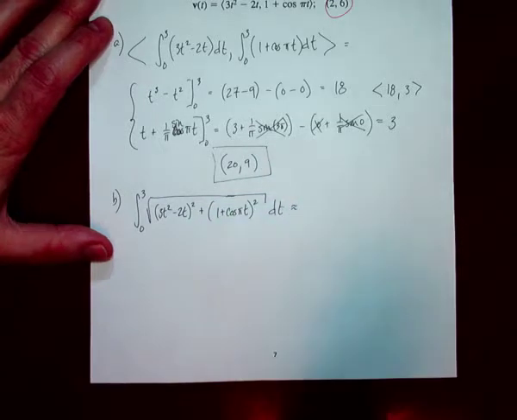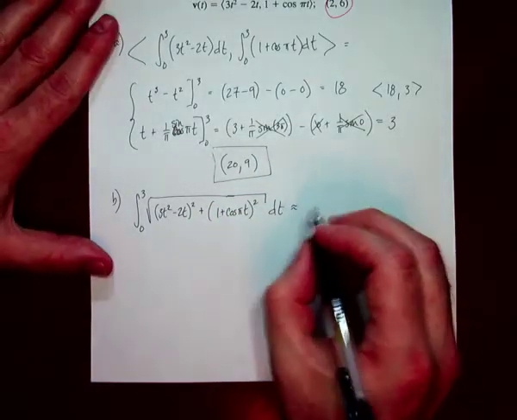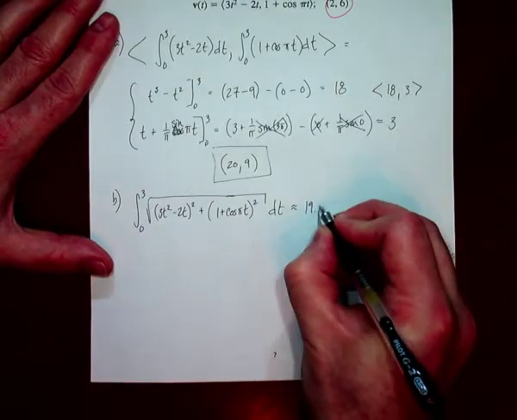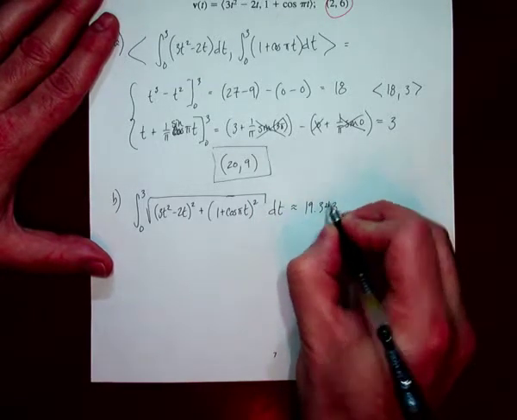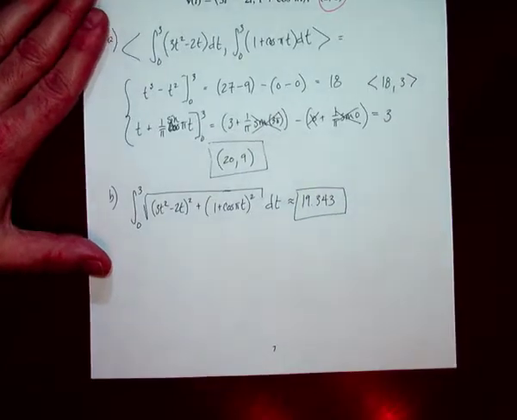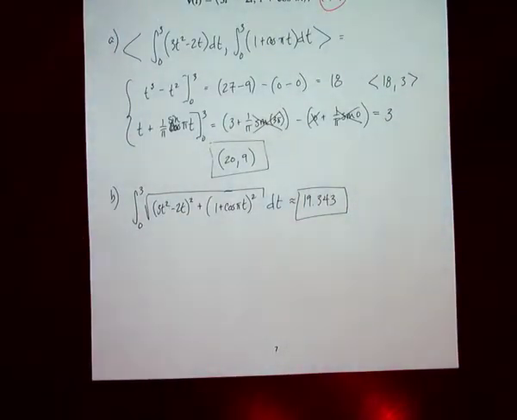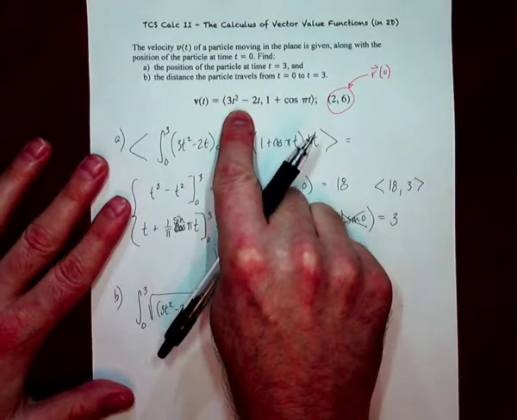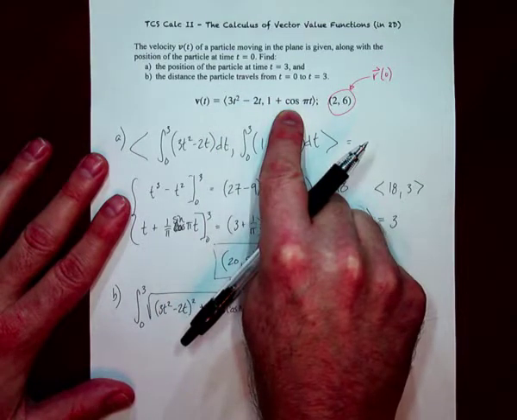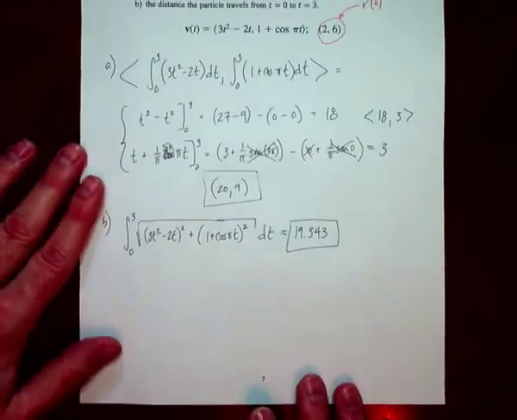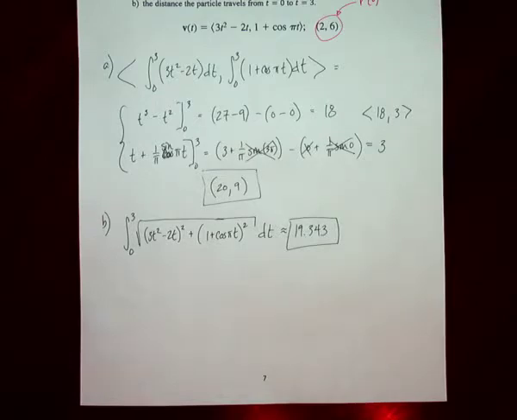And I won't break out the calculator, but if you just plug it into your calculator, it becomes 19.343. And you would do it exactly the same way. Just plug this into your x1, this into your y1, and then go back to the home screen and use that shortened notational version of the integral for arc length, and there you go.